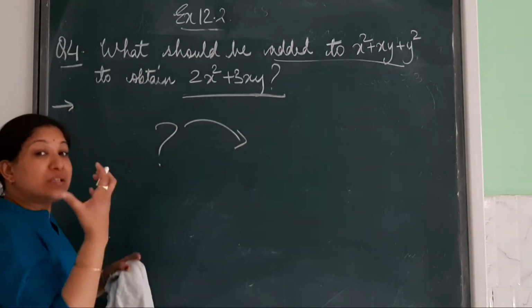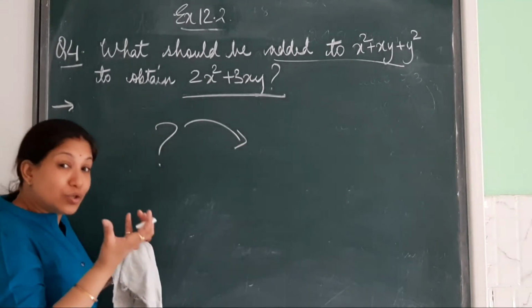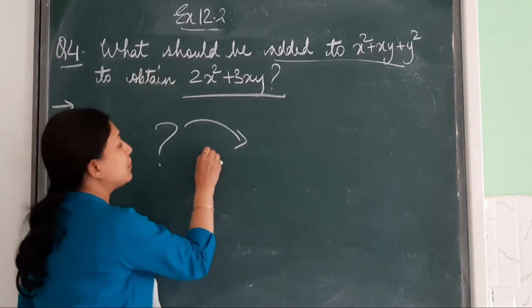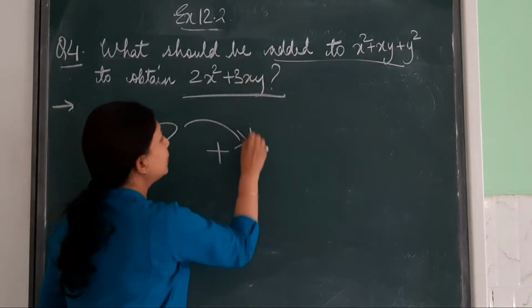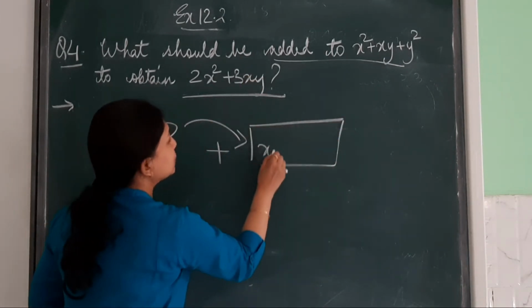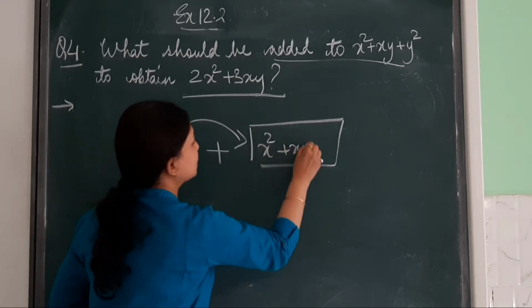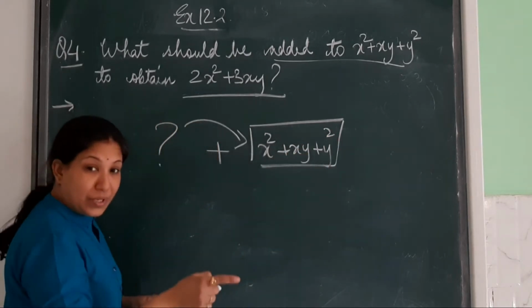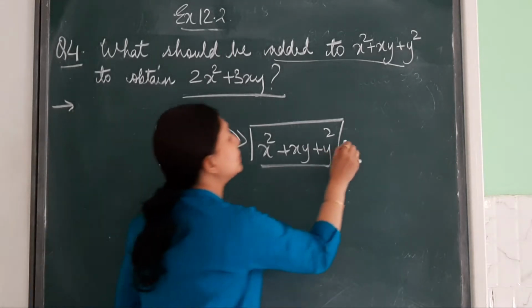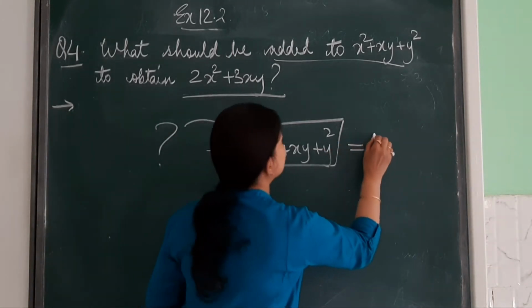That means they are asking, what should be added to some number. What should be added to? To what? To x square plus xy plus y square. To obtain means to get, or the result.